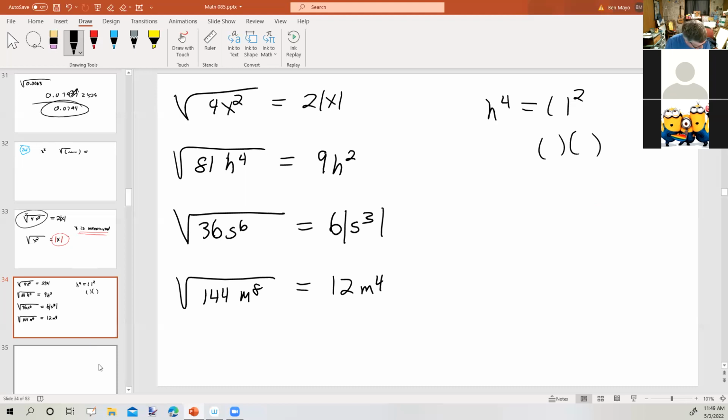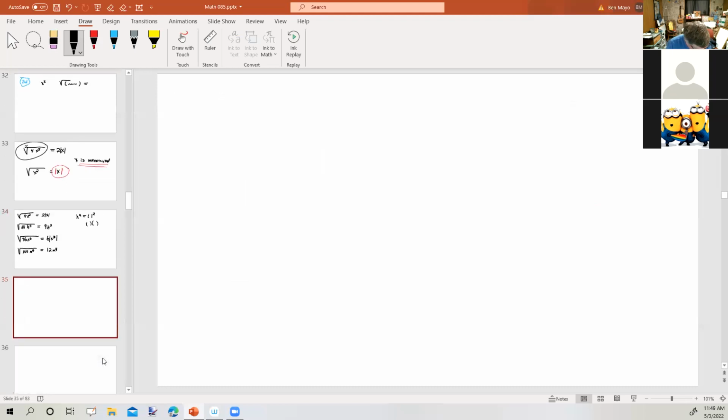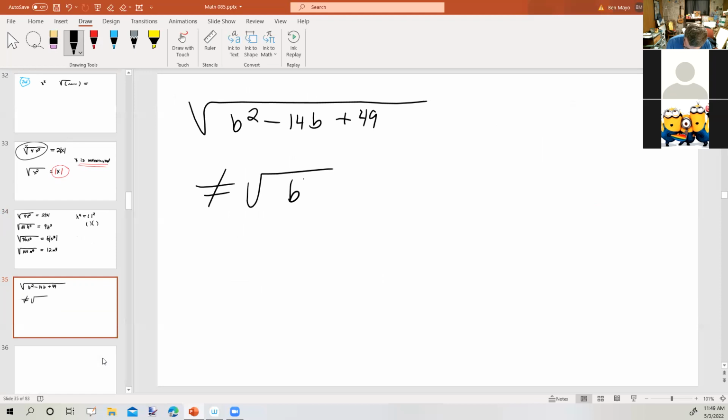What about this one? Now, you need to understand something about radicals. This is not equal to the square root of b squared minus the square root of 14b plus the square root of 49. This would be b and this would be 7 and this would be something else. Doesn't work that way.